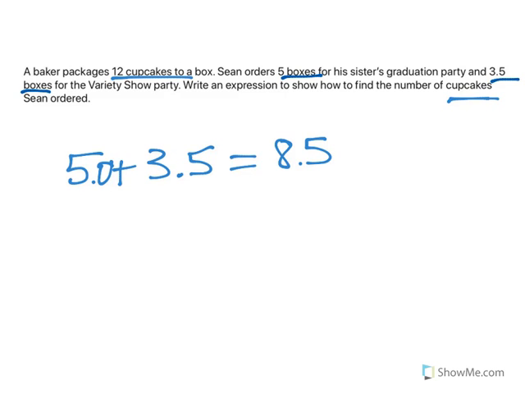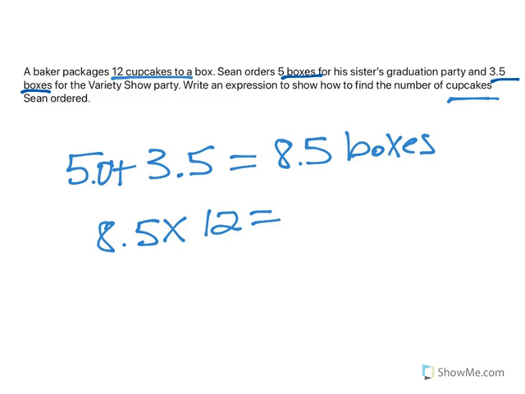Okay, so this is how many boxes that he ordered. So we know that there are 8.5 boxes, and then we'll have to multiply that by the total number of cupcakes in each box to figure out how many cupcakes were actually ordered. We haven't multiplied decimals for a while, so let's go through this example really quick.